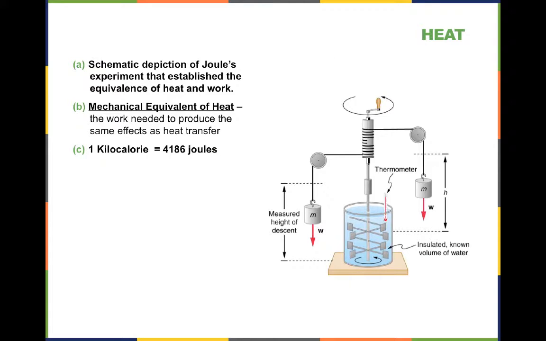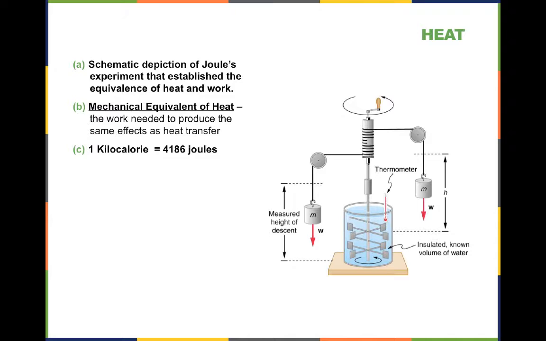Now this diagram shows the schematic of a machine that was used to calculate the mechanical equivalent of heat. Both mechanical energy and heat energy are forms of energy, and so they can be transferred one to the other.